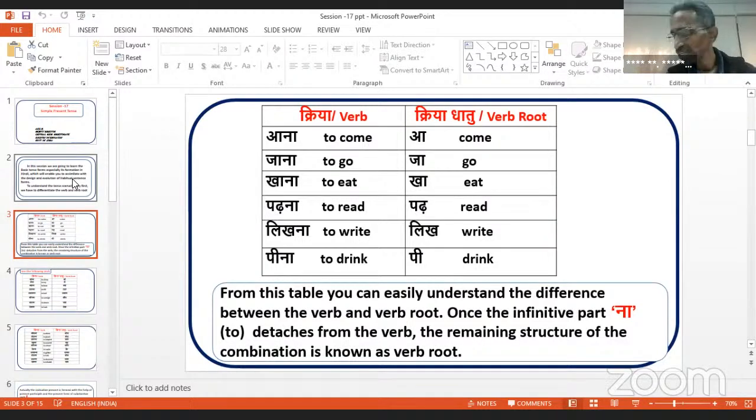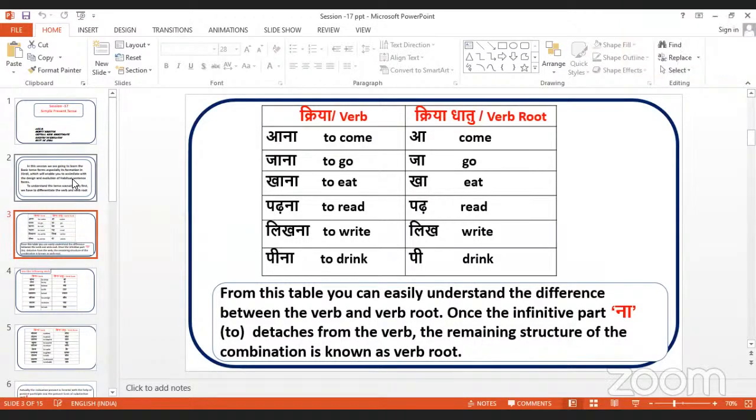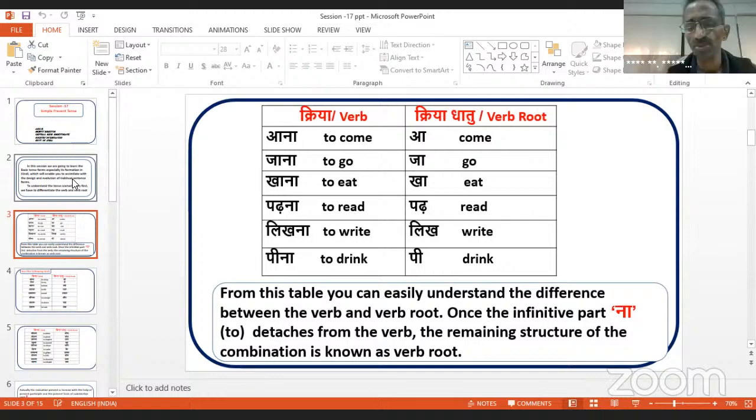So very first, I hope the PPT is visible for you all. Yes, sir. Right. So very first we will see the verb. Just see particularly minutely the things. Ana, that's a verb, means to come.